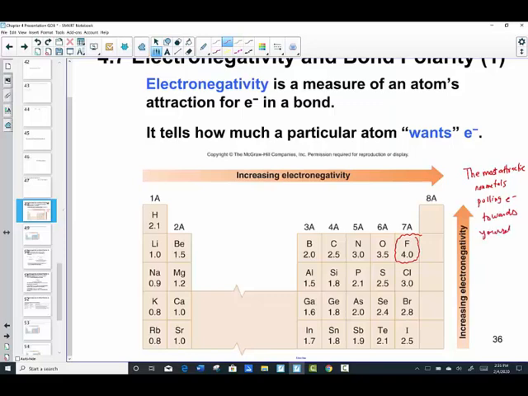Let's explain why. Remember the atom of fluorine with its atomic number 9, and 19 is its mass number. It's got 9 positive protons. It's got 10 neutral neutrons. And the arrangement of electrons gives an outer arrangement of 2, then 7.